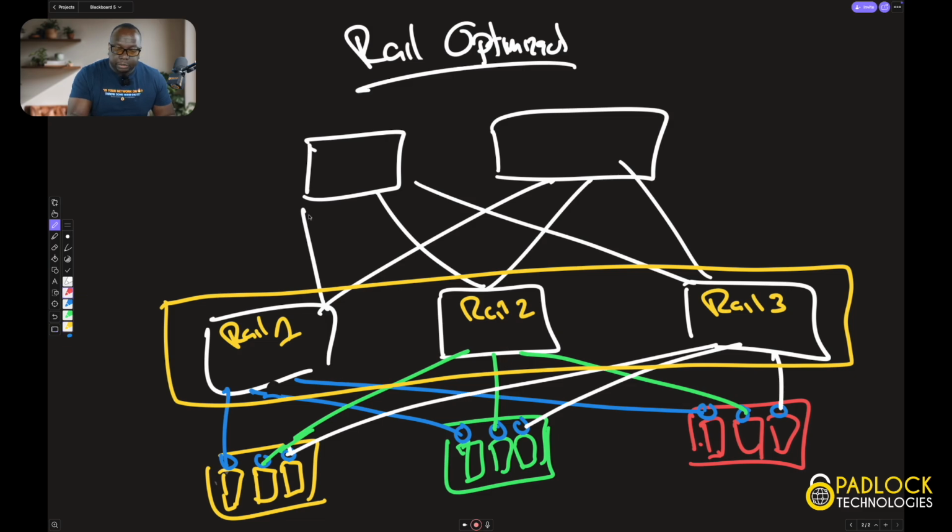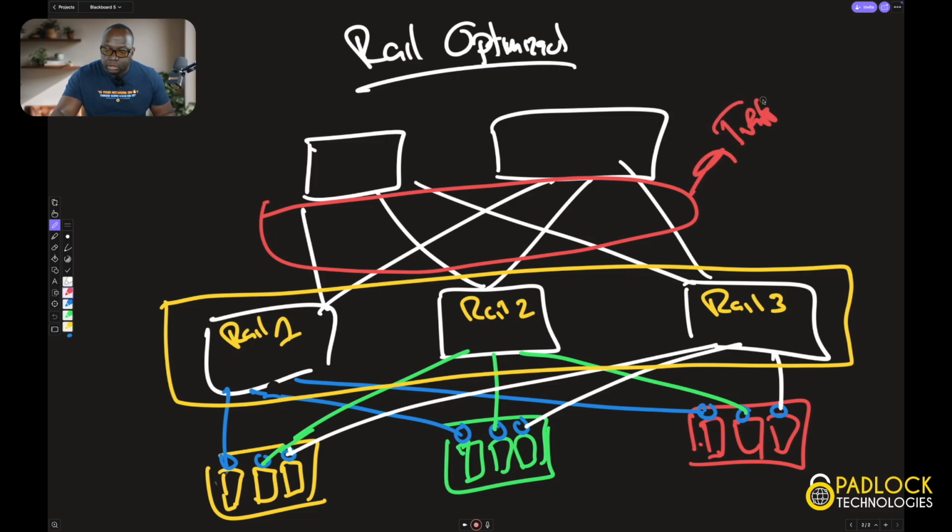Remember in the last picture, we had a problem with a lot of traffic here, right? So traffic rarely goes up to the spine. In this example, rarely slash never utilizes the spine.